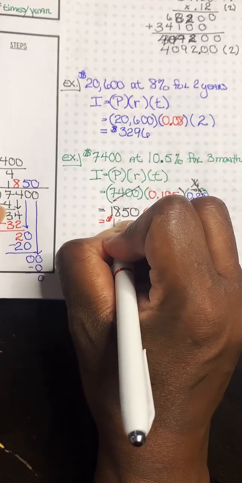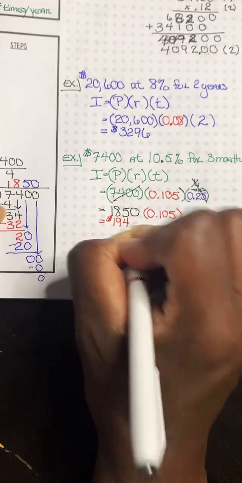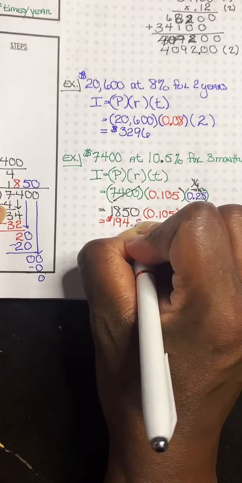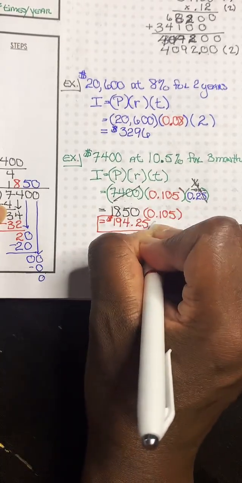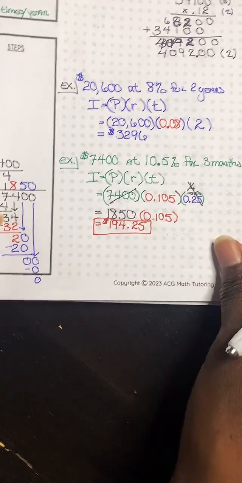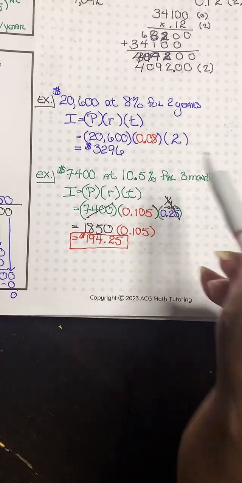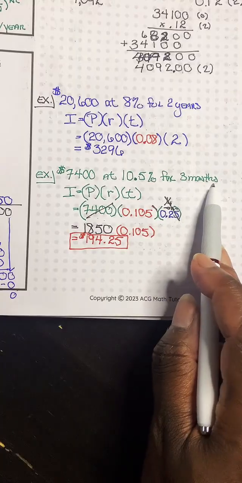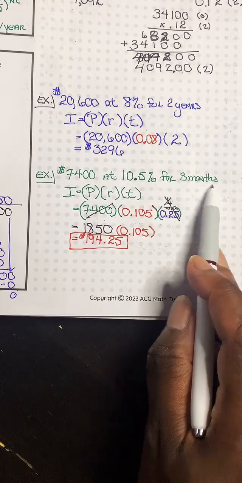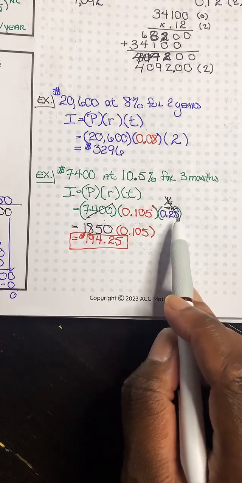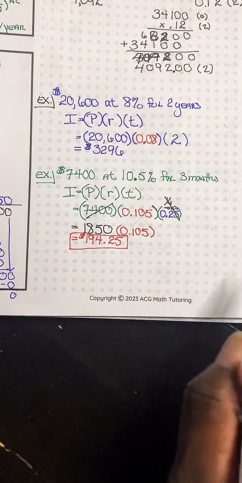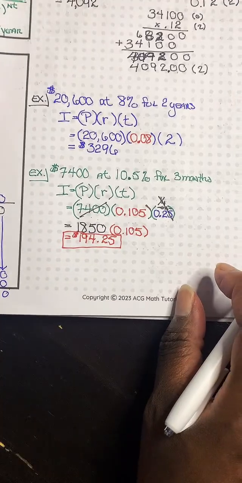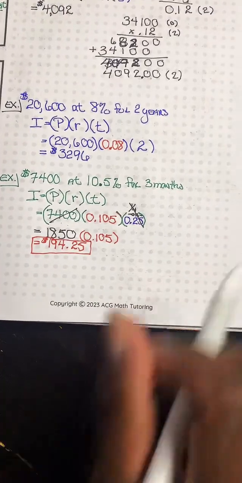So this is how much interest. So the key thing with all of this was to remember we need to, 1, change our percent to a decimal, and 2, if they give it to you in terms of months, remember it's always going to be referred to by years. So if they say 3 months, you're like, okay, well, how did everyone get that 0.25 or that 1/4?